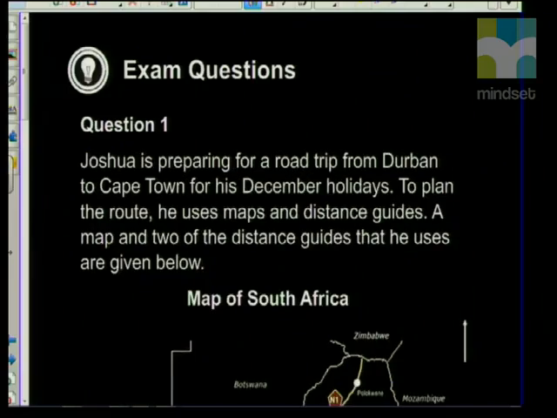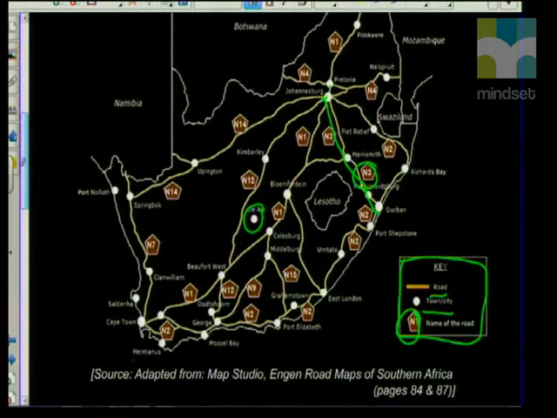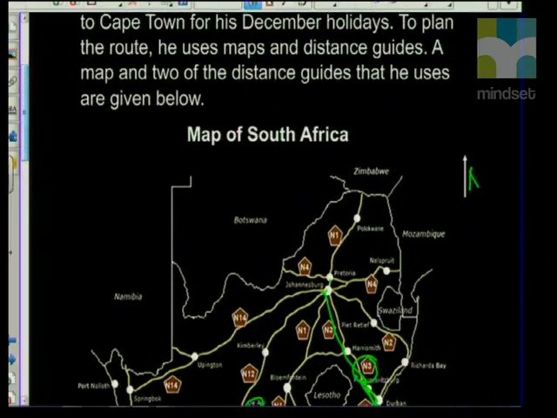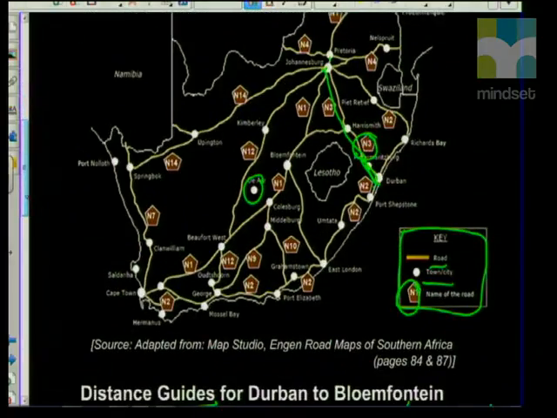So if we were going from Durban to Pietermaritzburg, we would be going in this direction. You can look at the top here. It tells you that this is north. So if I was looking at where I would be going from Durban to Pietermaritzburg, it would be in a northwesterly direction.